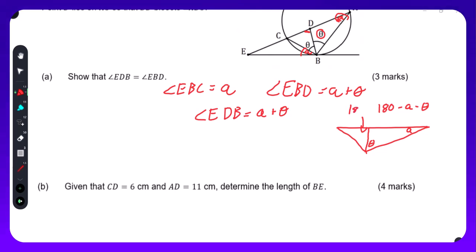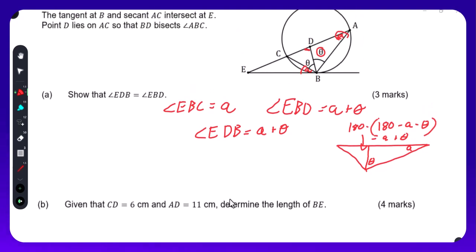It's going to be 180, take 180, cancel each other out. The minus makes a positive, minus makes a positive. It ends up just being your alpha plus your theta. And that's exactly what's happened in our situation.